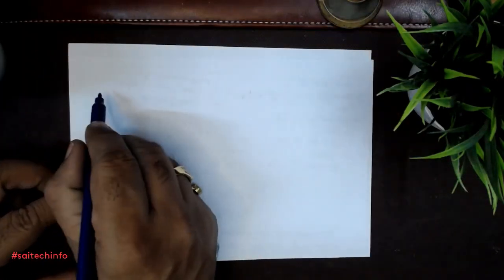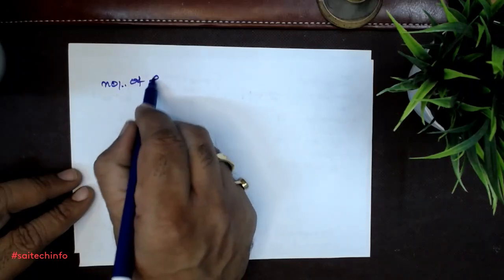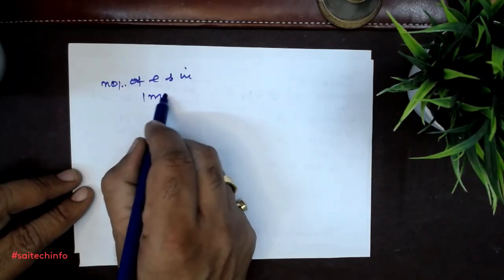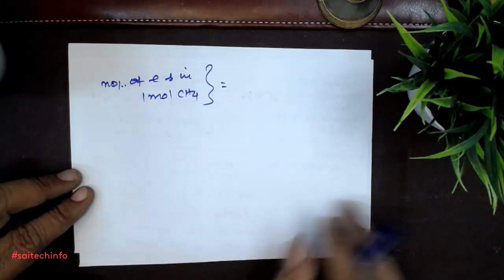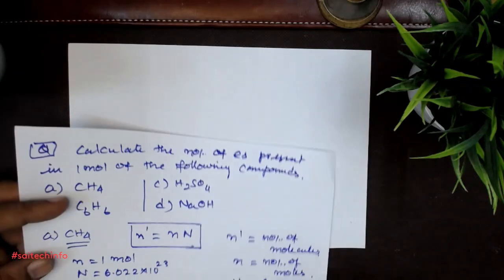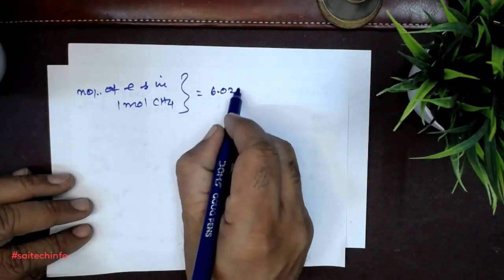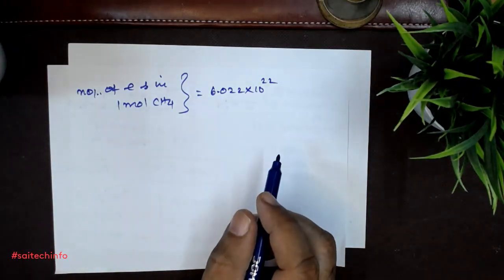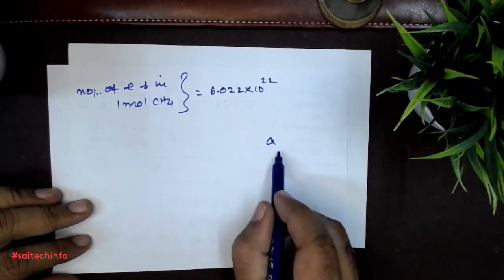Now let us consider the number of electrons in 1 mole CH4. Let us calculate this. It is equal to, what is Avogadro's number? 6.022 into 10 power 23. And what is the atomicity of CH4?